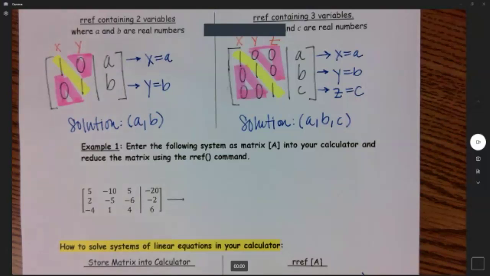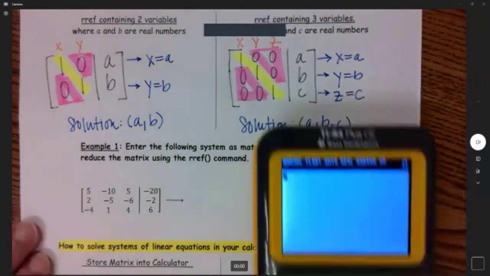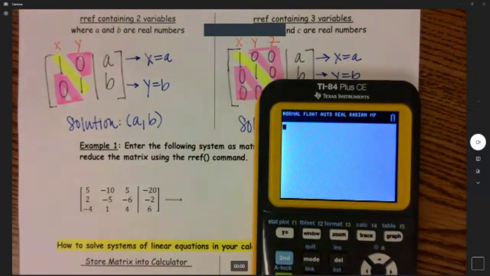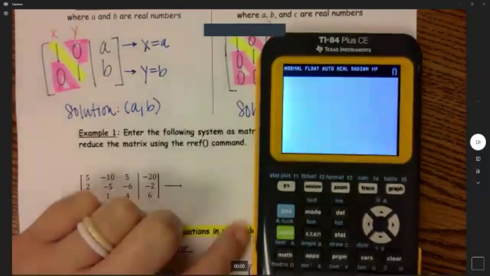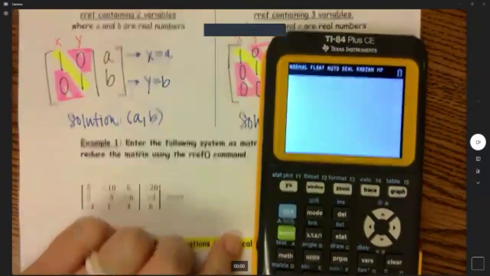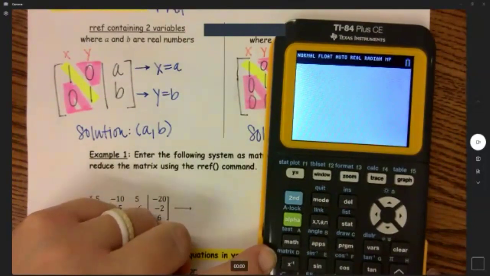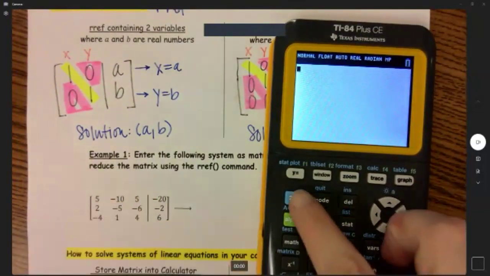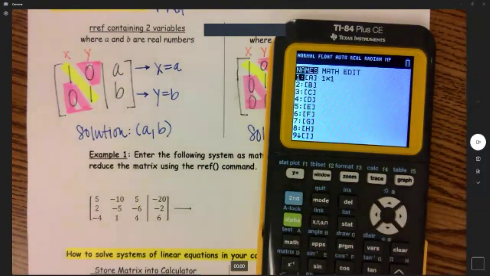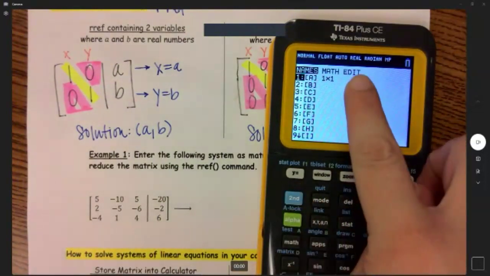I already have that programmed, so I wanted to unprogram really quickly. Okay. So first thing we're going to do is get into our matrix, which is right here above that x to the -1. Because it's in blue, we're going to hit second x to the -1, and we're going to come over here to edit.